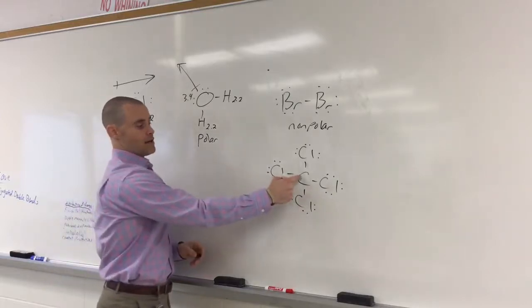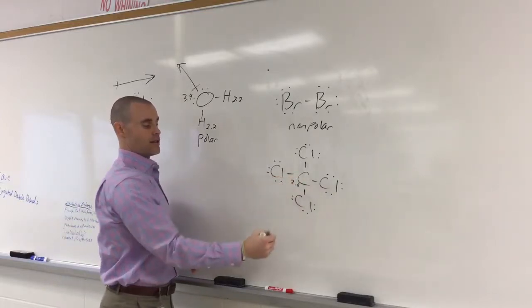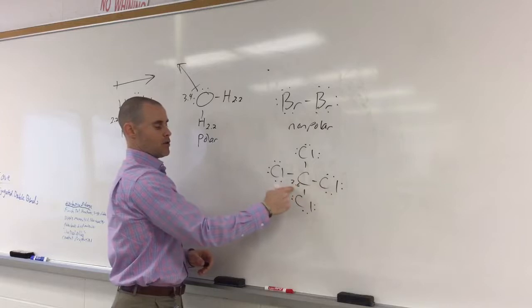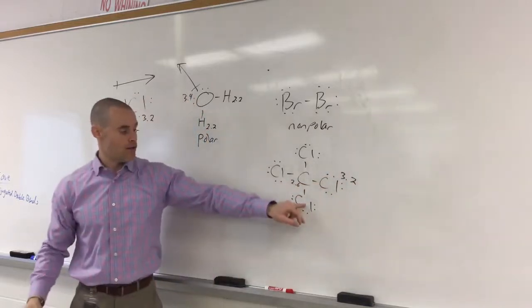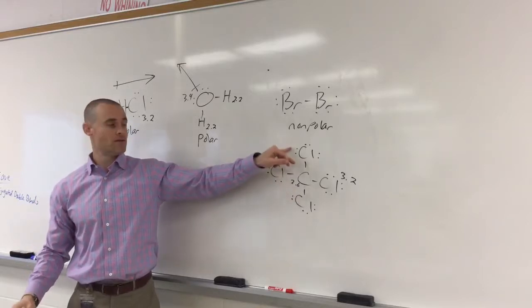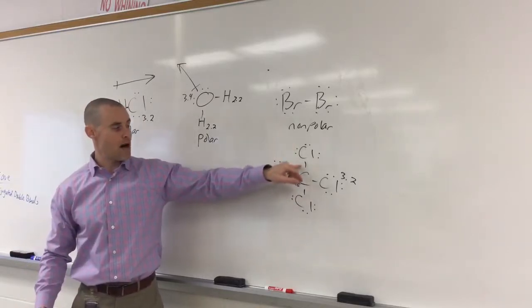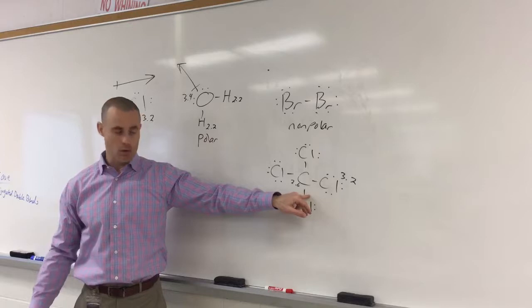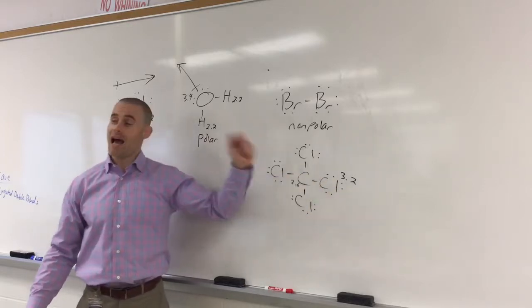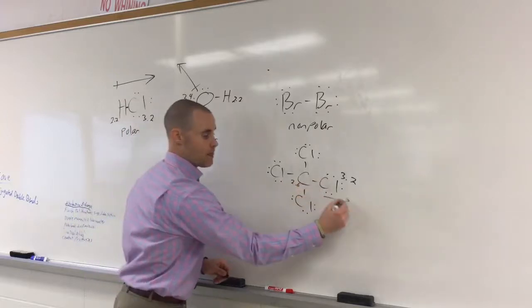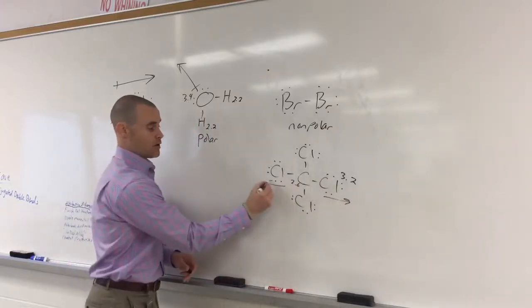Here, this one's a really good example. If C has an electronegativity of 2.6, and Cl is 3.2, so all these Cl's are 3.2. So eyes up here. Each bond is a polar bond because there is a difference in electronegativity. But what happens is this Cl is pulling really hard, but so is this one.